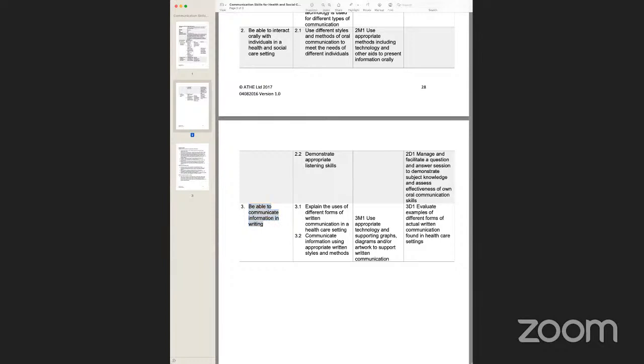Now, as you know, within the health and social care sector, we have lots of different forms of communication. Sometimes these written forms of communication are predominantly done to create records. We look at records because we need to refer to patient records, or to a prescription or medication which has been given to the patient.